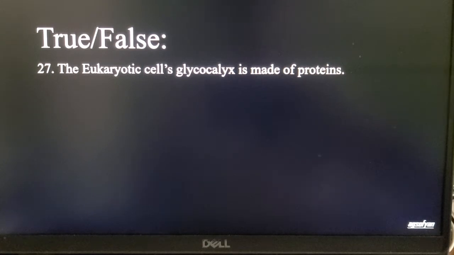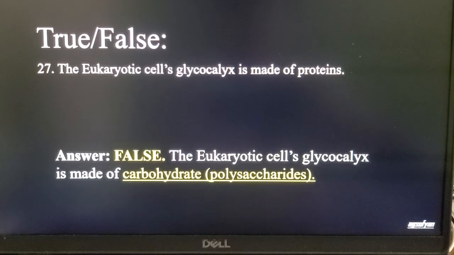Okay, number 27. The eukaryotic cell's glycocalyx is made of proteins. True or false? Yeah, the answer is false. The eukaryotic cell glycocalyx is made of carbohydrate or polysaccharide. Now, how do you know? It's easy, if you know the terminology.